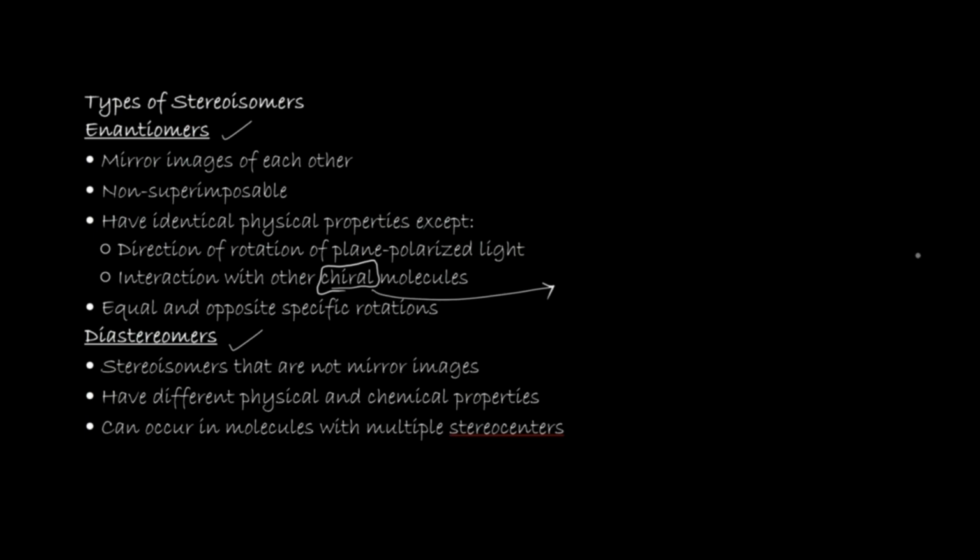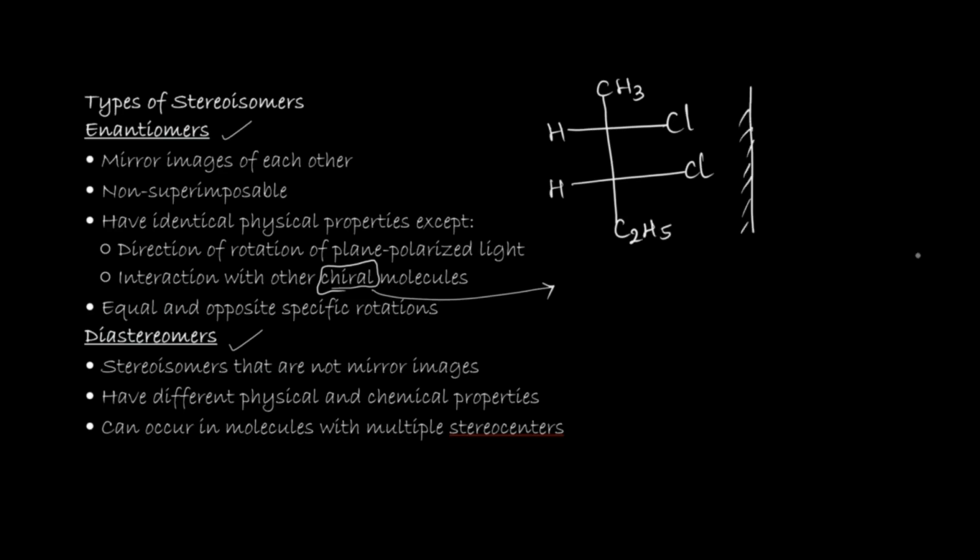We'll see an example. For example, if I am taking a molecule like this, HCl, C2H5. What about the mirror image of this molecule? Once again, CH3 and C2H5 will be in the same position. Cl will come here, H will be here.